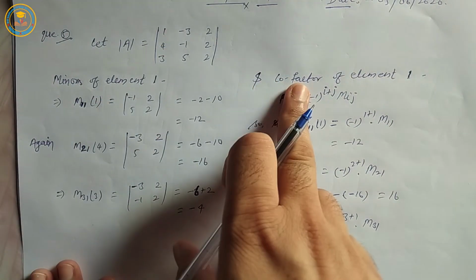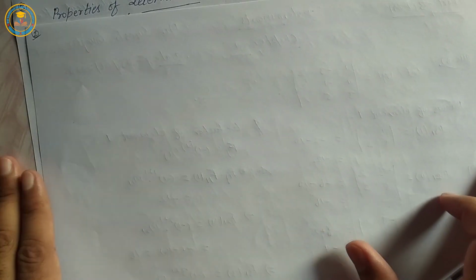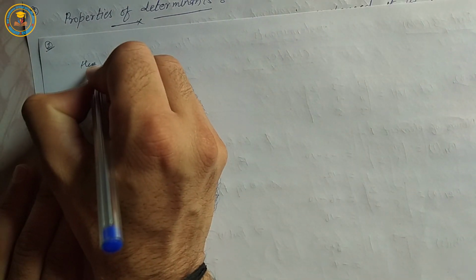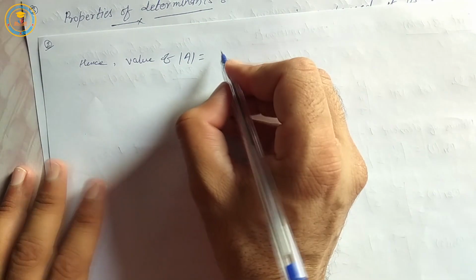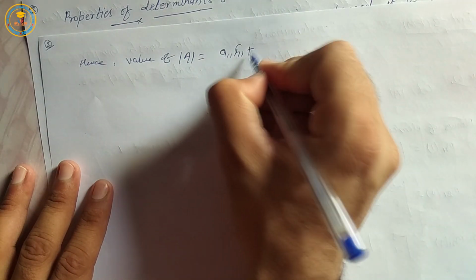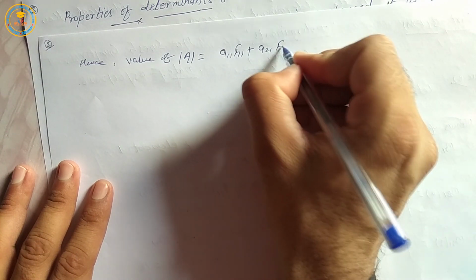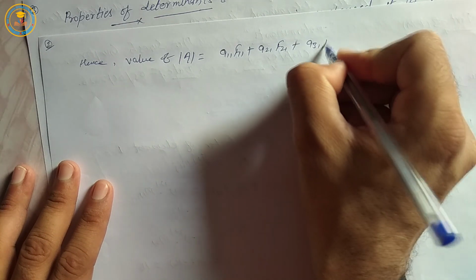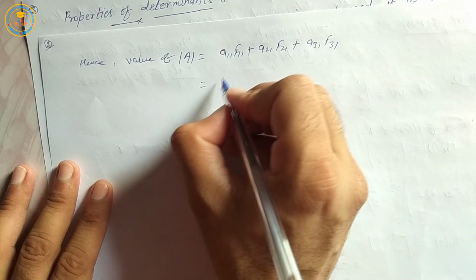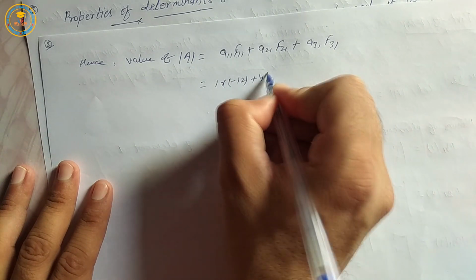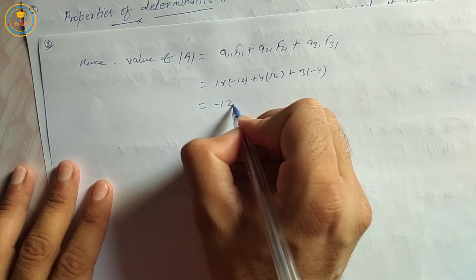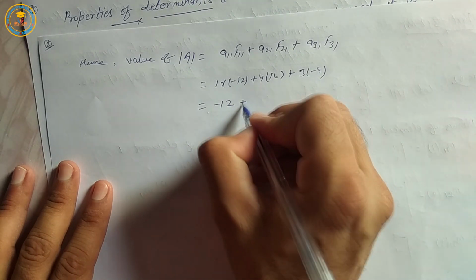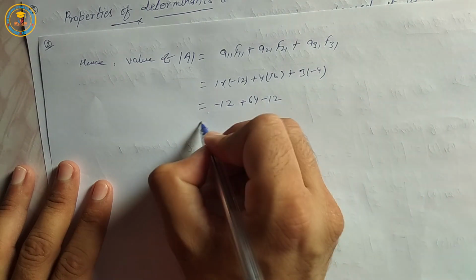Minors of elements 1, 4, 3, cofactors of elements 1, 4, 3, and hence the value of determinant of A is equal to a11 into F11 plus a21 into F21 plus a31 into F31, which is equal to 1 into minus 12 plus 4 into 16 plus 3 into minus 4, is equal to minus 12 plus 64 minus 12, which is equal to 40.